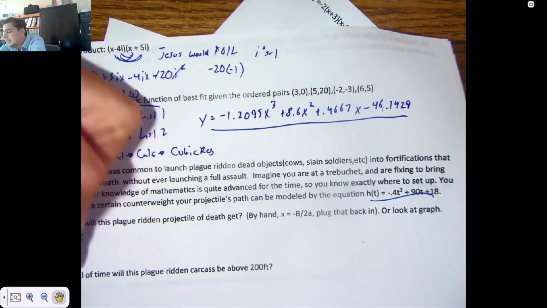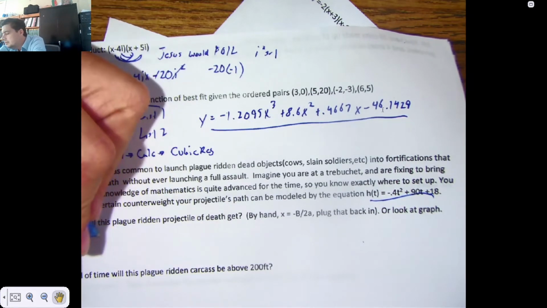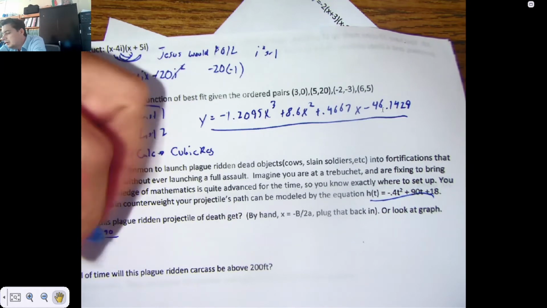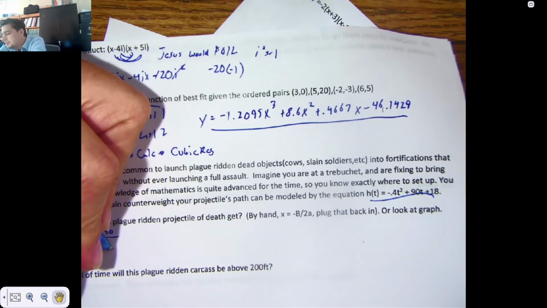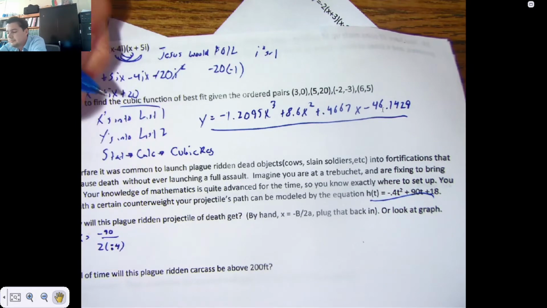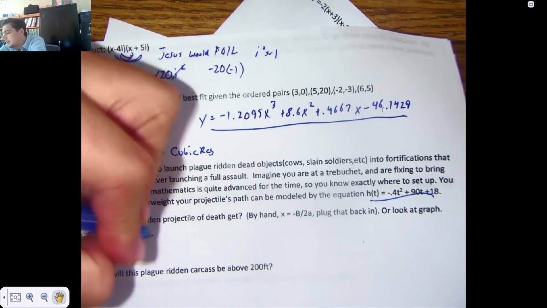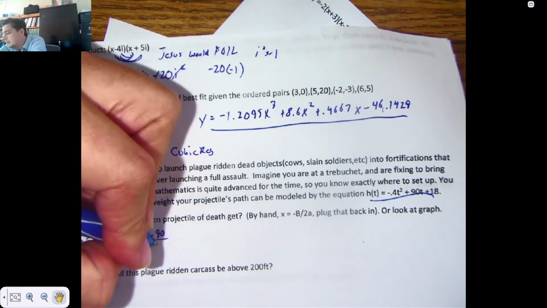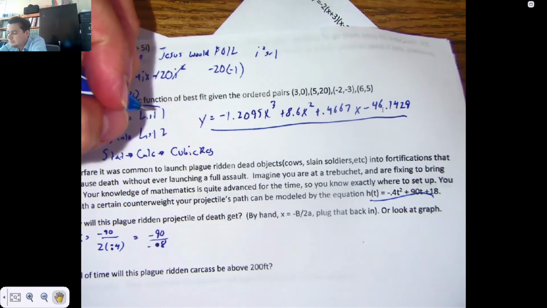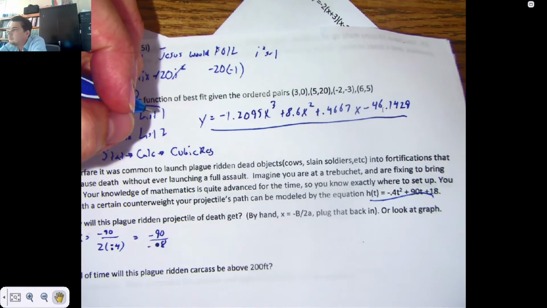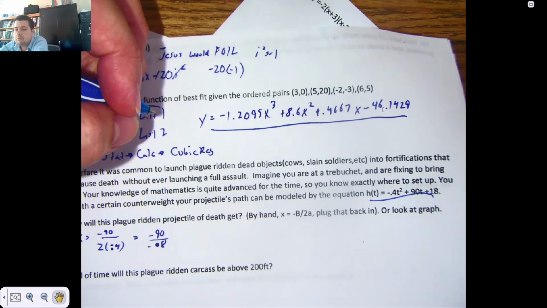By hand, the x value is opposite b, so that's negative 90 over twice a, 2 times negative 4/10. That'd be negative 90 over a negative 8/10. 900 over 8 would be 100 and what? 12.5?